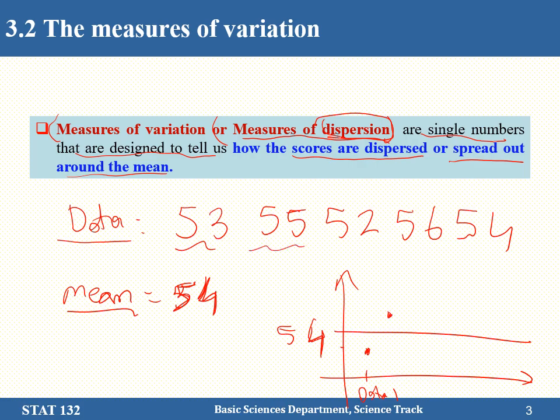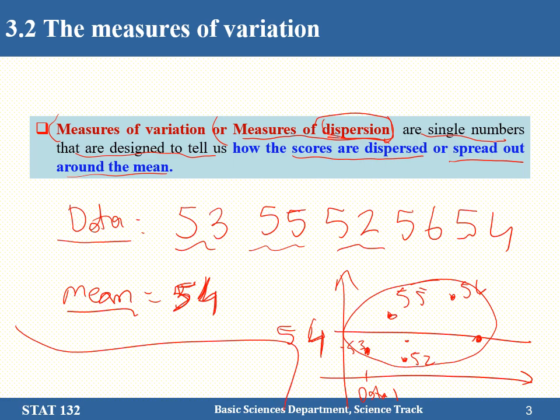Data 2 is 55, and 52 is somewhere here. Then the 56 is here, and then 54 is here. So you see how spread the data is from the mean.